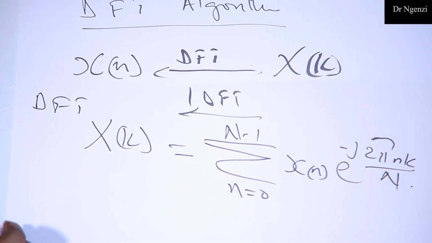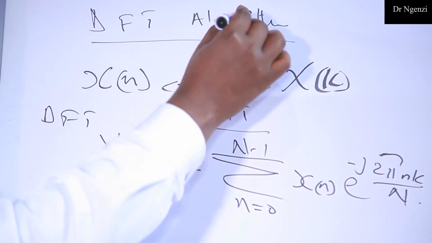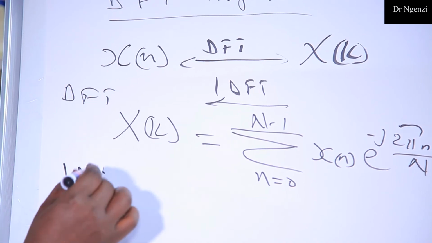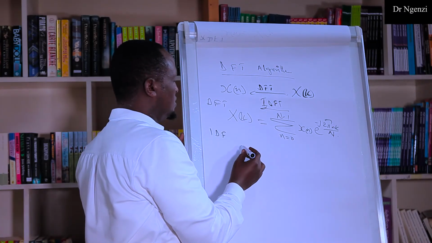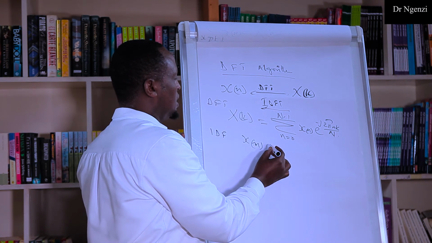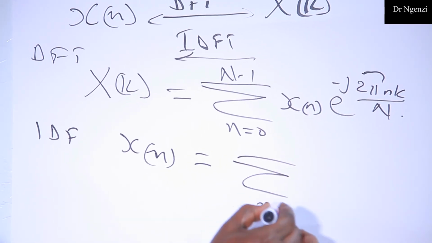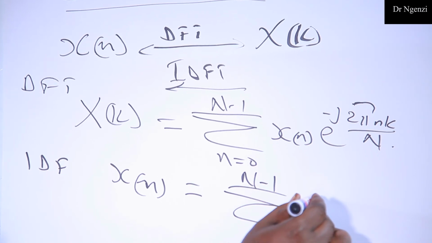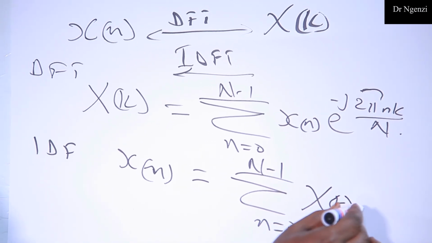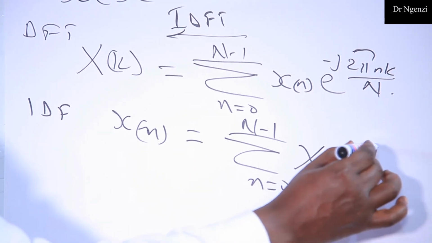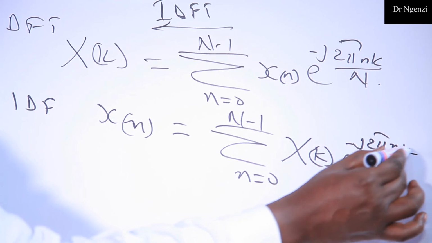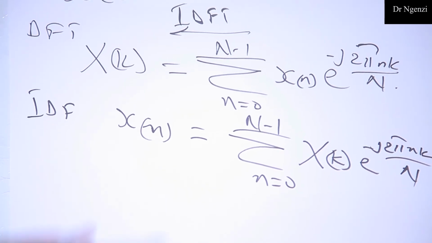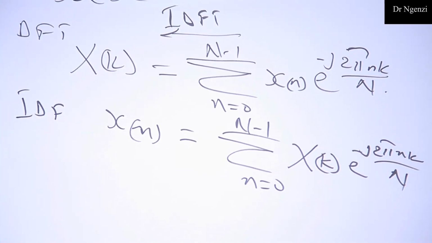I'm repeating it again so that people can easily understand and get the full meaning. The IDFT is x of n, summed from 0 to big N minus 1, of the frequency domain big X of k times e to the power j 2 pi n k over N. We are using this formula to remind us how the DFT algorithm was done.